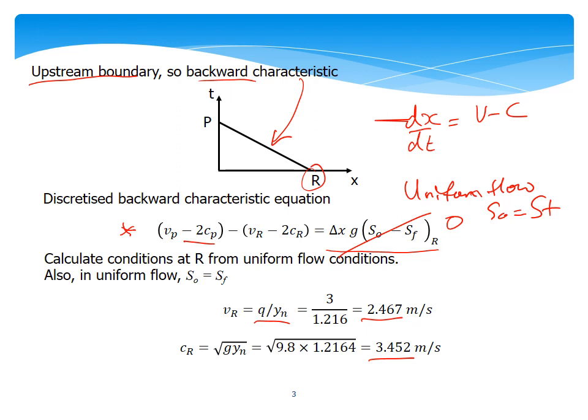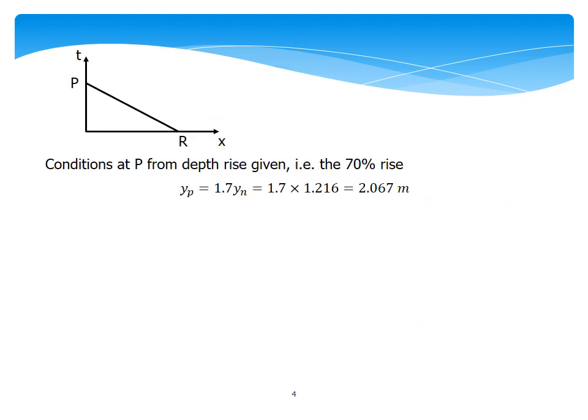Well, we've been told that the depth increases by 70%, so YP will be 1.7 times yn, which gives us a depth that has increased from 1.216 to 2.067 meters. So CP is root g YP, so CP is going to increase to 4.5 meters per second.